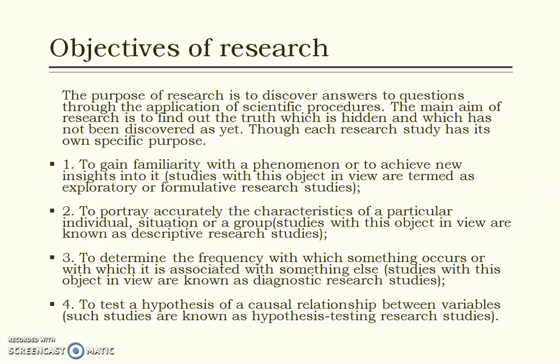Every discipline, like academicians, scientists, government people, finance ministers, and business people, conducts research that requires a certain aim, a certain objective. They have different aims. According to their requirements, they conduct research.